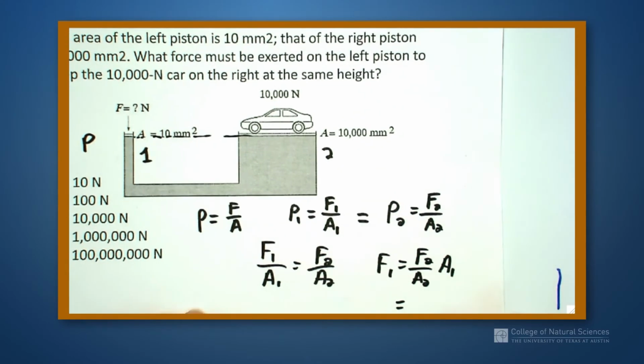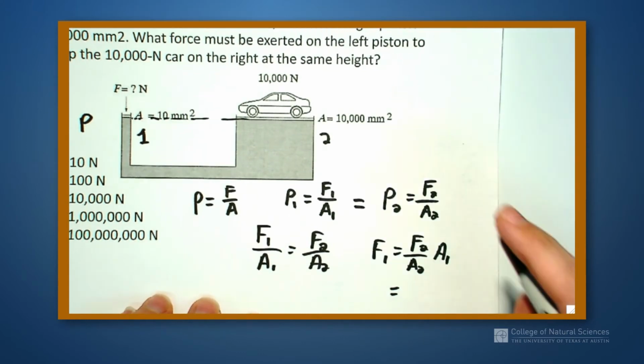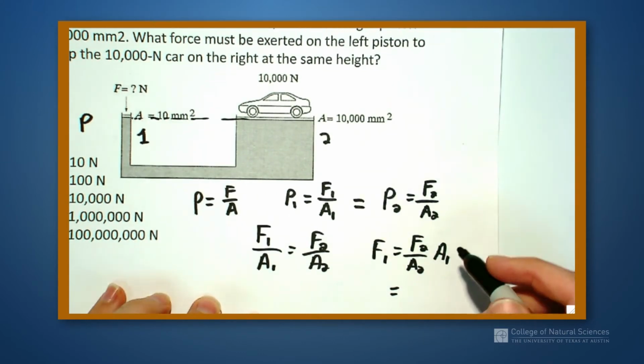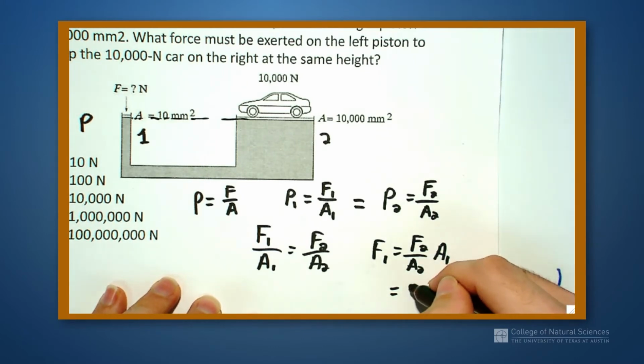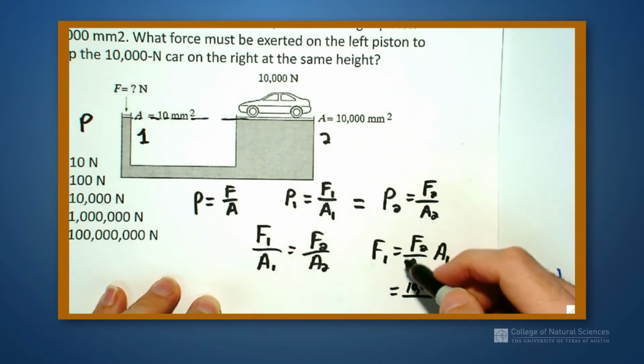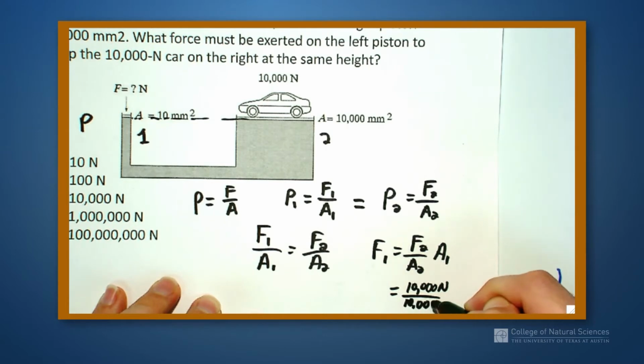When I plug in my numbers, my F2, the force on the second one, is going to be 1,000 newtons. I have to push 10,000, sorry, 10,000 newtons up, and it has 10,000 millimeters squared down.